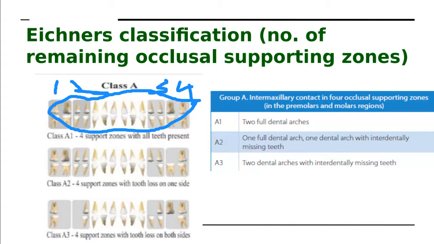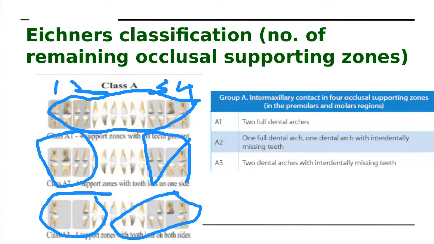Now coming to A2, these are intact, but here we have one unit which is lost. And when you come to A3, there are two dental arches with interdental missing teeth. You have these units with missing teeth on both sides. So this is all about class A.